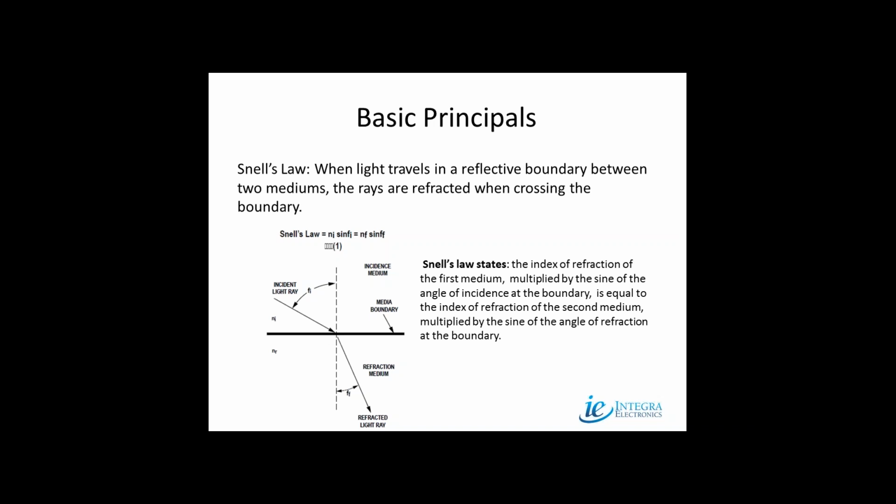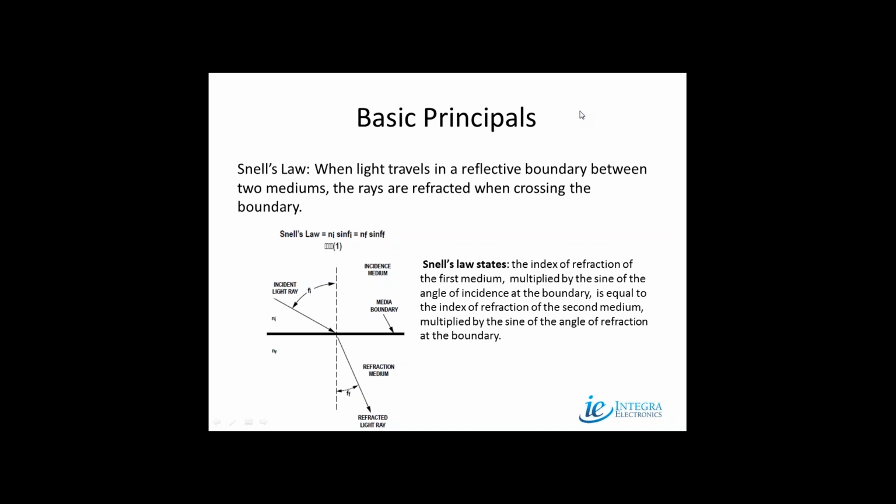So Snell's law, from a practical point of view, allows you to do one thing, and that is to have light reflect inside a light pipe. The physics of how that works is not that important. The basic idea to keep in mind, though, is that as long as you're going from a dense material, like glass or plastic, clear plastic, or water for that matter, to a material that's less dense, like air or a vacuum, the light wants to basically stay inside the denser material.